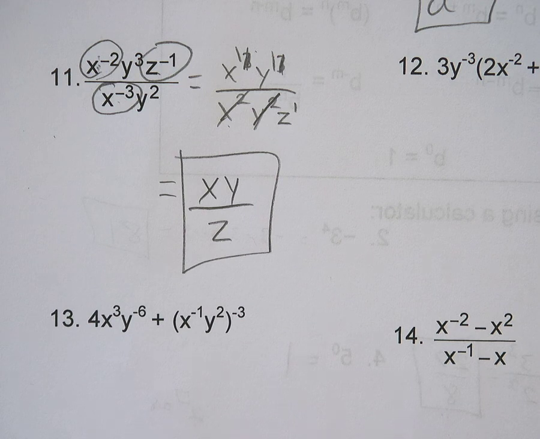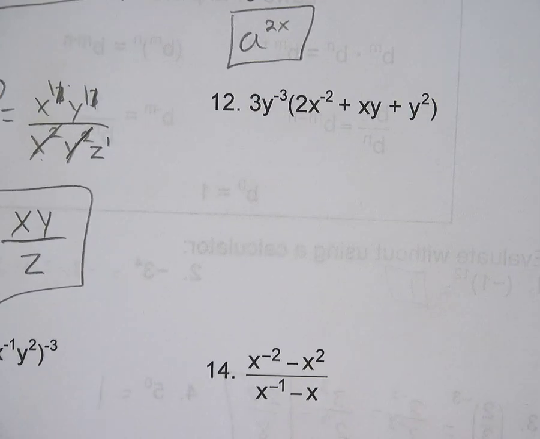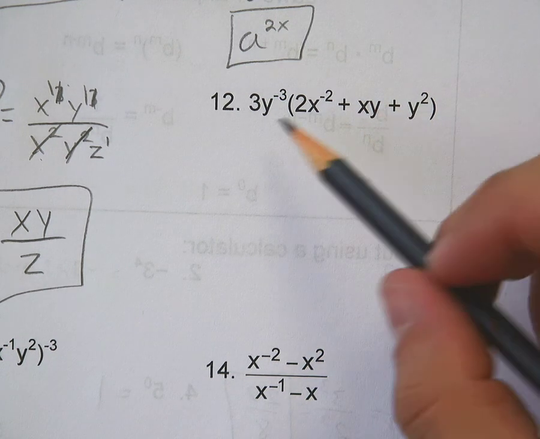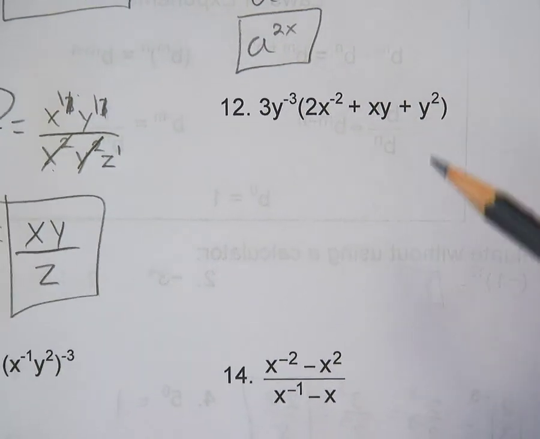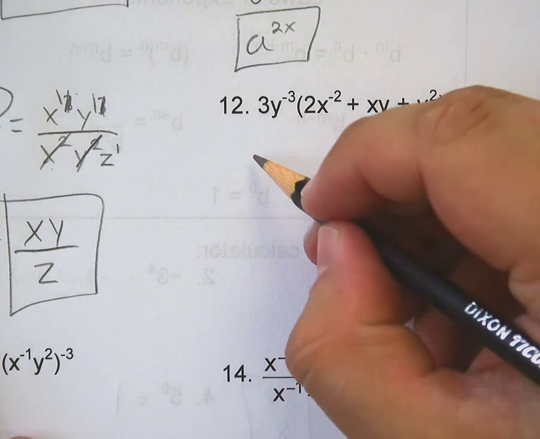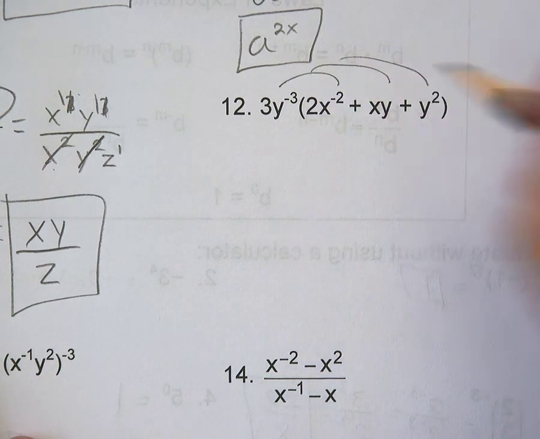Now 12 is a little bit different. On 12, we have 3y to the negative 3, and it's distributing to all three of these terms. So the first one here, 3 and 2, this has to go here, here, and here.